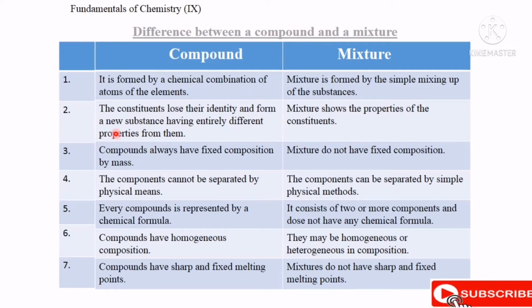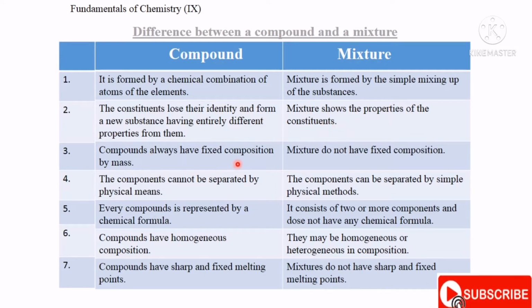In compounds, the constituents lose their identity and form a new substance having entirely different properties. But as we know, mixing up is a physical phenomenon, and the constituents do not lose their identity but retain their identity with their properties.